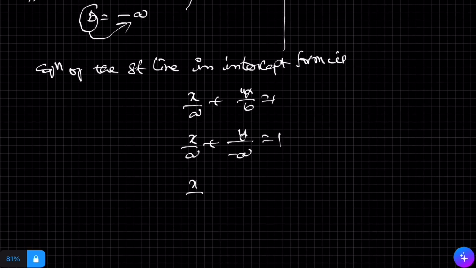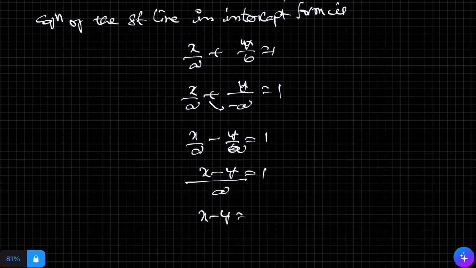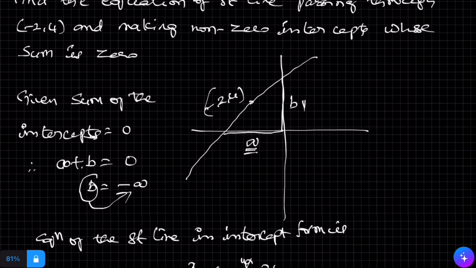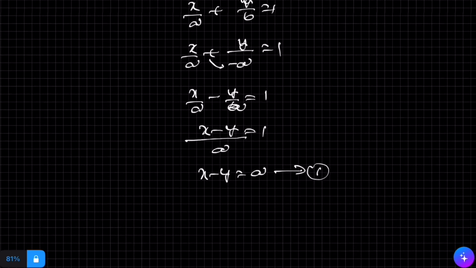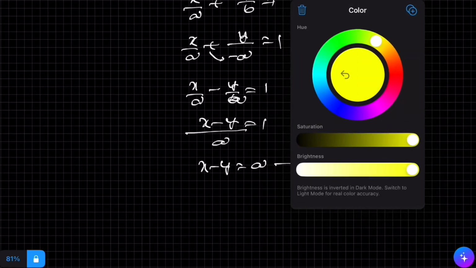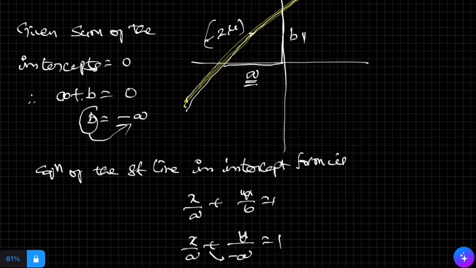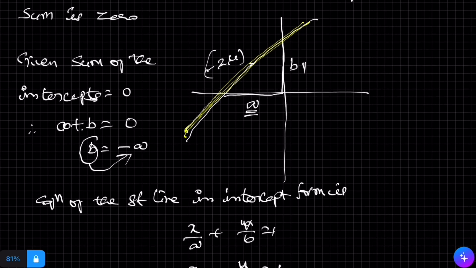So x by a, plus into minus becomes minus, y by a equal to 1. My LCM is a here, so x minus y equal to a. Let me call this equation 1.